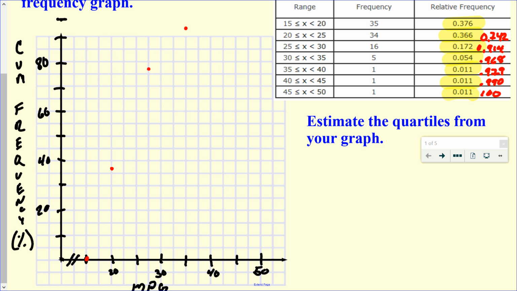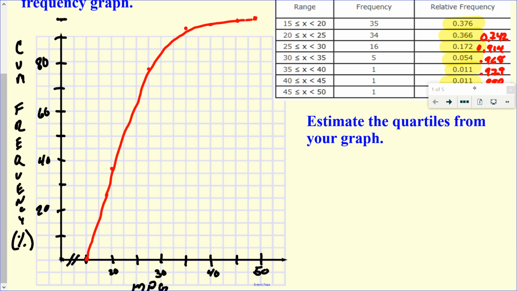Right about there. 40 is just a little higher. 45 is just a little higher. We can now go ahead and connect these. And there's a cumulative graph. Remember, it stops at 100. You don't have more than 100%.